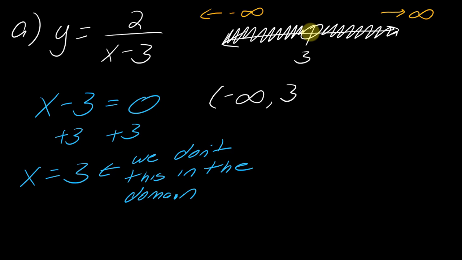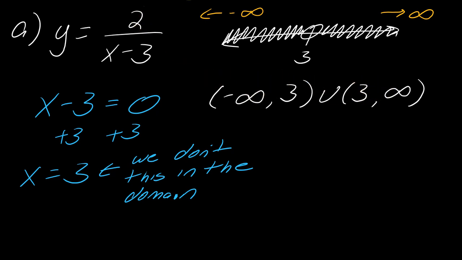Now, 3 is not included, and when you want to indicate that you're not including a number, you always use a round bracket. And then I'll use a round bracket again. This shows that we're jumping over 3, and then I'm continuing on to positive infinity. And so there's your interval notation to represent the domain of the function.